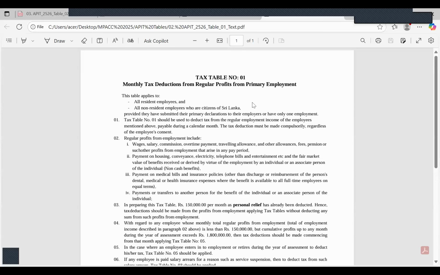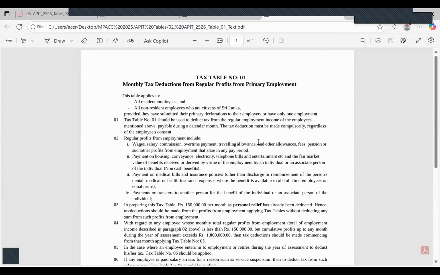APIT deduction means APIT is deducted by the employer. Yes, this is table 1. So I have explained about 8 tables. So this is table 1. Table 1 should be applied by the accountant when that accountant deducts taxes from the regular profits.